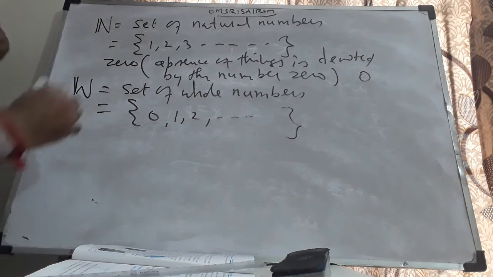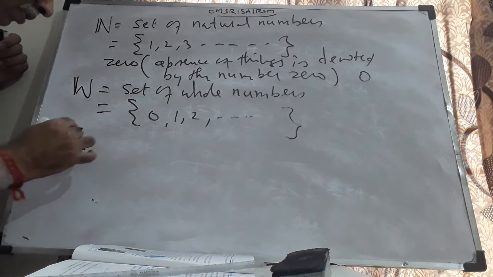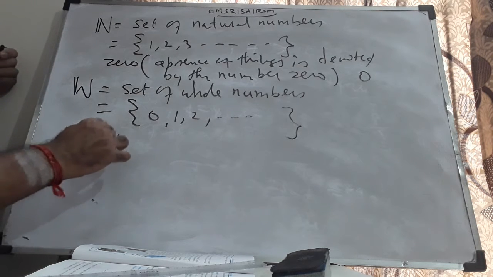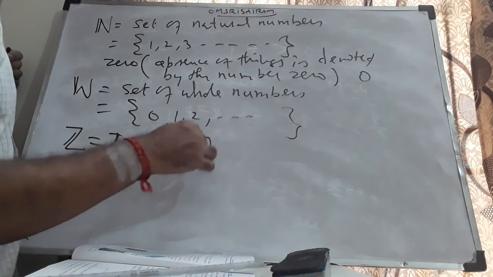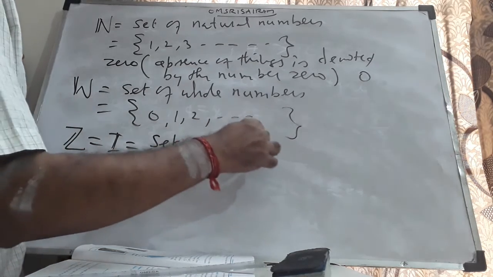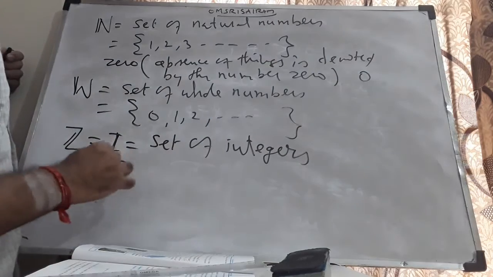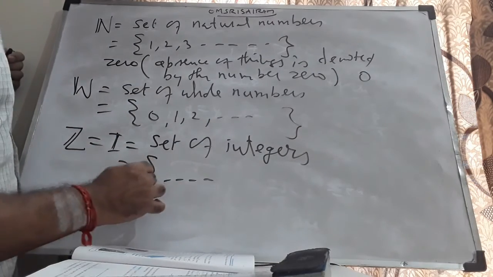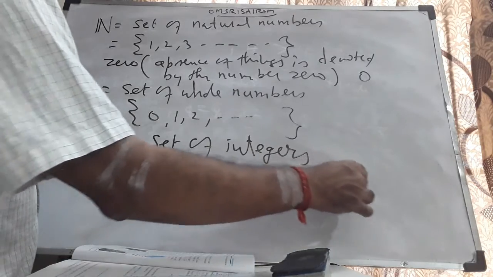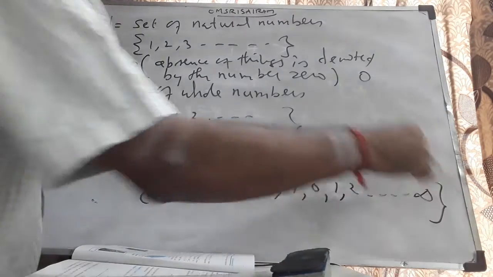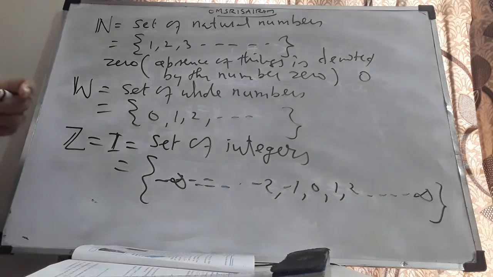Therefore, there is a necessity to introduce another set. You can call it I or Z, the set of integers, starting from minus infinity, minus 2, minus 1, 0, 1, 2, etc., up to infinity.